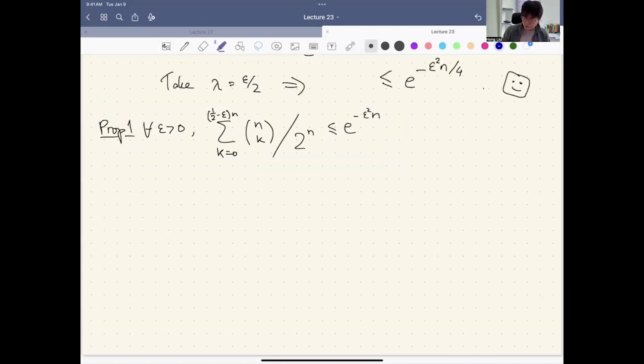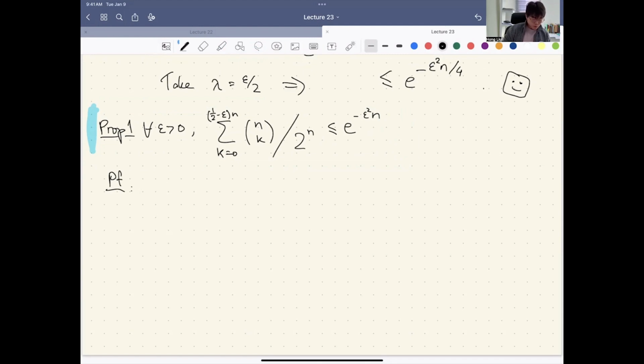Okay, so we want to prove these. Proof, we use concentration measure. We use this Chernoff type bound.